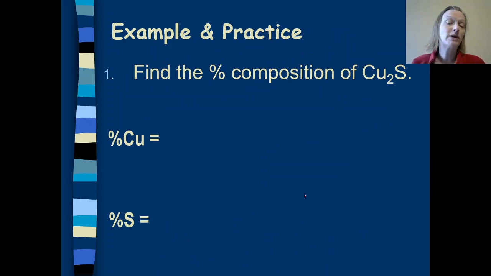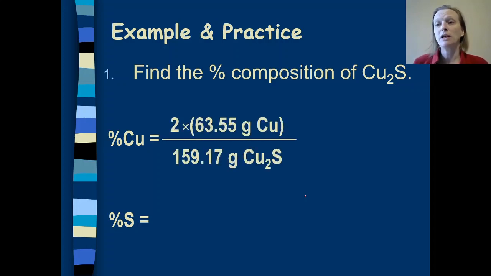Here is copper(I) sulfide, and we want to calculate the percent composition for copper(I) sulfide. In this formula, we have 2 copper atoms, so when I want to figure out the percent composition with regards to copper, I need to remember that I've got 2 atoms of copper.